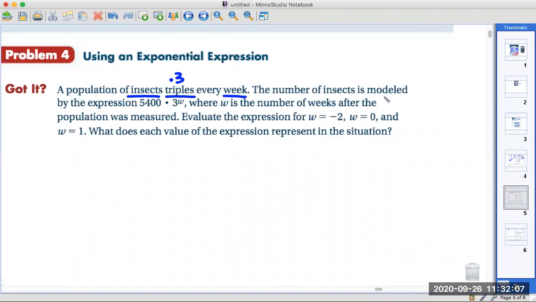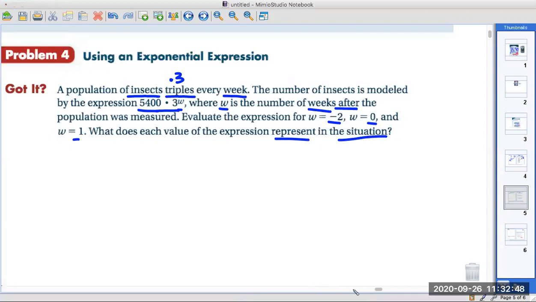The number of insects is modeled by the expression 5,400 times 3 to the power of W. So this is an exponential expression because our exponent is a variable, 3 to the power of W, where W is the number of weeks after the population was measured. Evaluate the expression for W is -2, W is 0, and W is 1. What does each value represent in this situation?